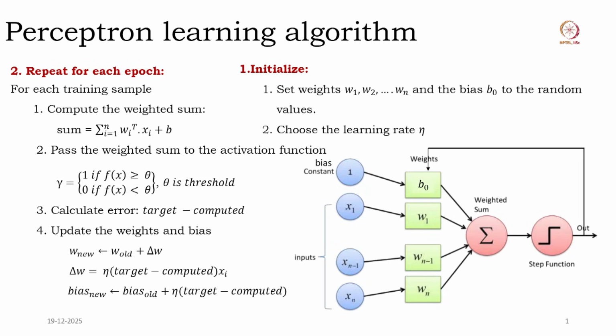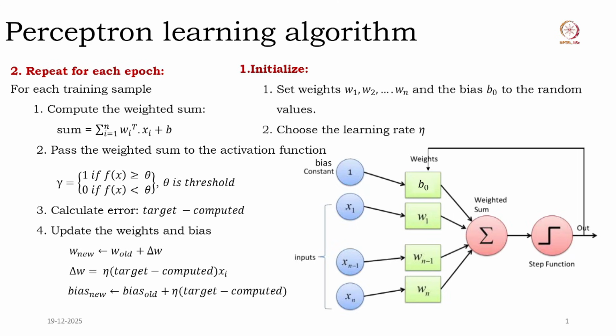This is the first weighted sum that we are going to perform. Once we calculate the weighted sum, the result is passed to an activation function. Here the activation function, as I said, can either be a step activation or a threshold activation. What exactly is the role of an activation function? Whatever is the result of this summation value, if it is greater than or equal to a threshold, we get a value 1. If it is less than the threshold, we get a value 0.